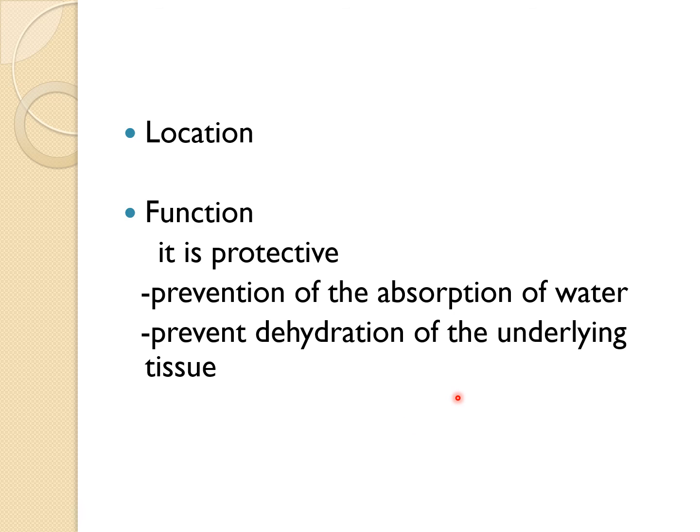The non-keratinized wet epithelium is in the oral cavity, oropharynx, esophagus and vocal cord, and dry epithelium you can see in skin. Its main function is protection, preventing absorption of water and dehydration of the underlying tissue.